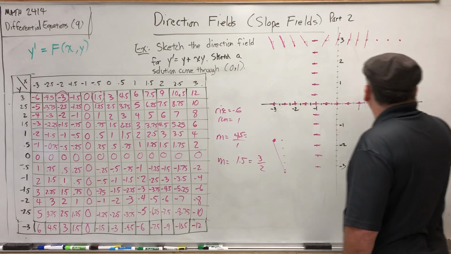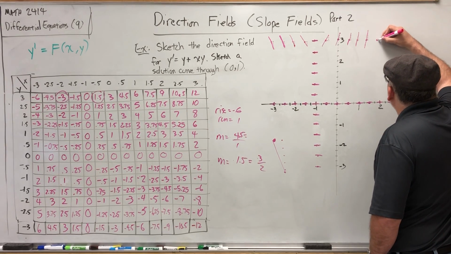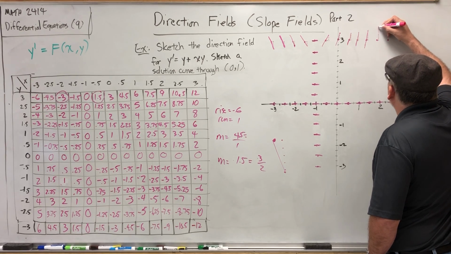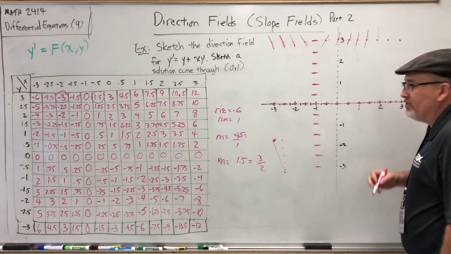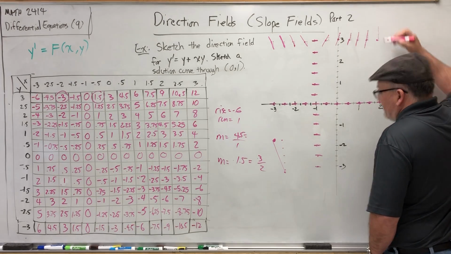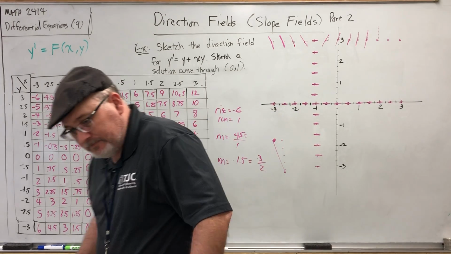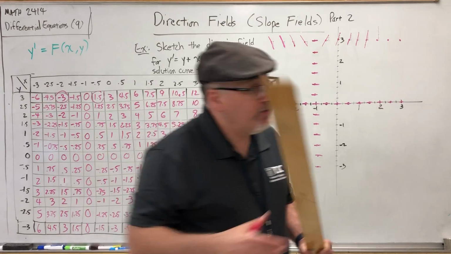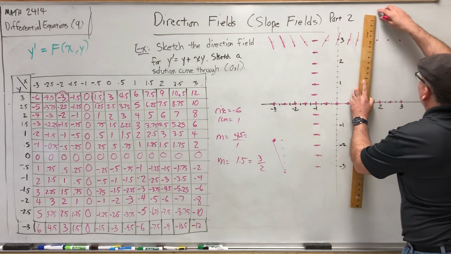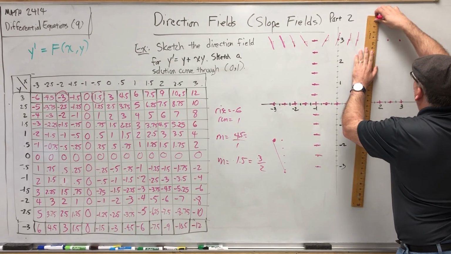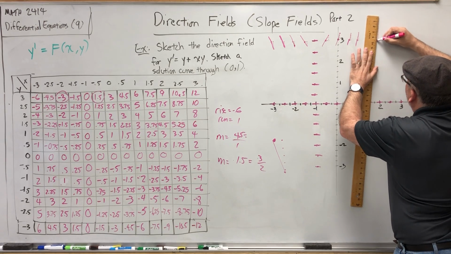Slope of 9, over 1, up 9. Now, it'd be a good idea to use a straight edge or a ruler to sketch these, because if I did take a straight edge, here's a big straight edge, and connect the beginning and the end, I really don't have to go all the way to the end because now I know where my slope is.